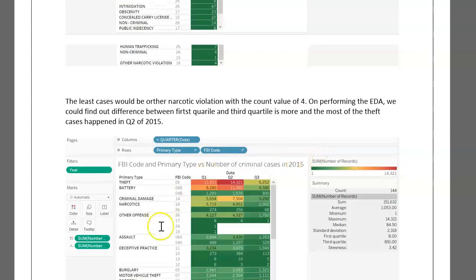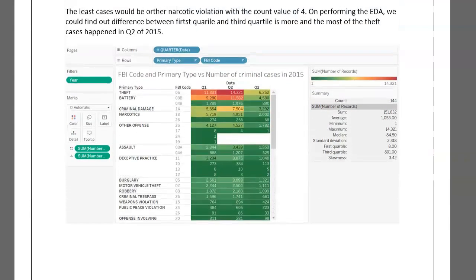If you see in this diagram, it's the FBI code primary type versus the criminal cases. Here we are sorting based upon the quarter as well. So for this primary type and the FBI code of 006, we have a split based upon the quarter values, based upon the date of when the crime was committed.